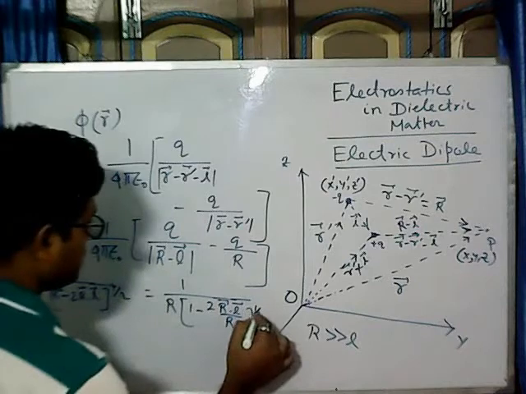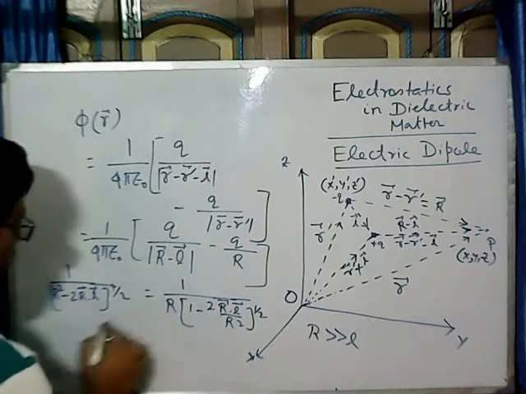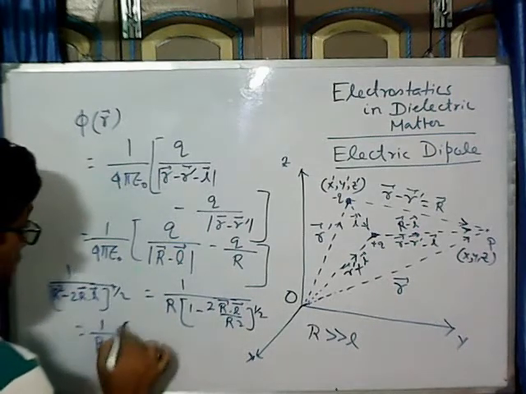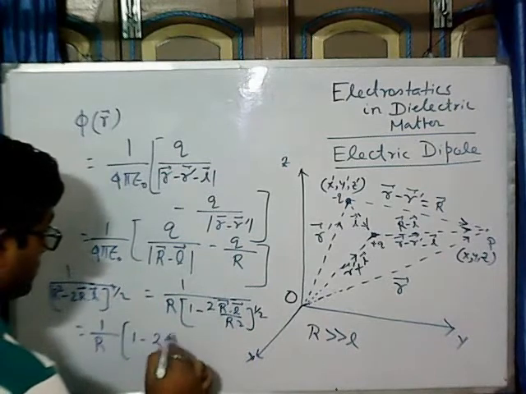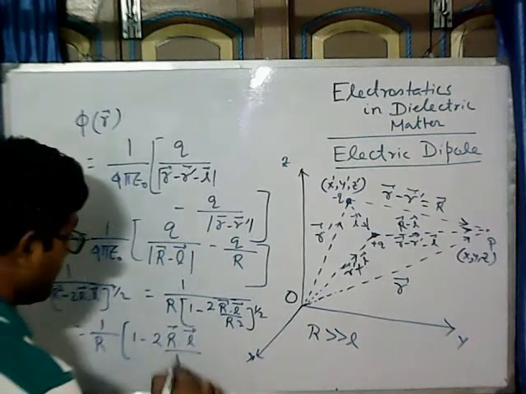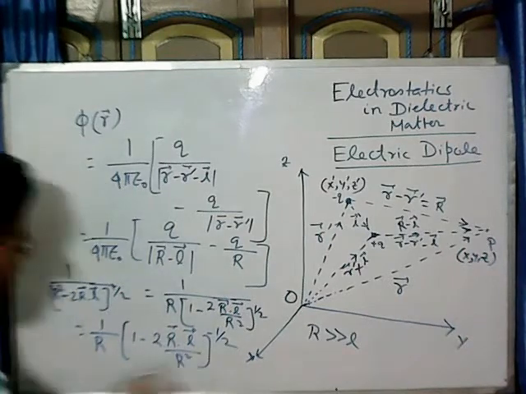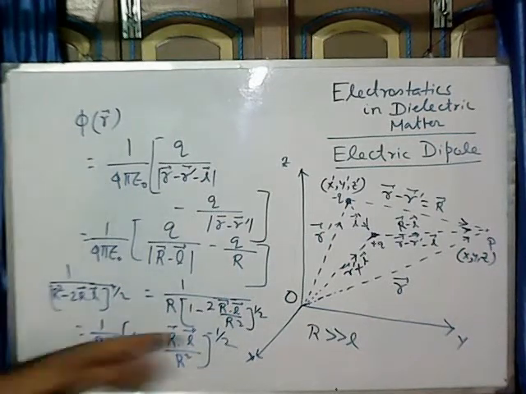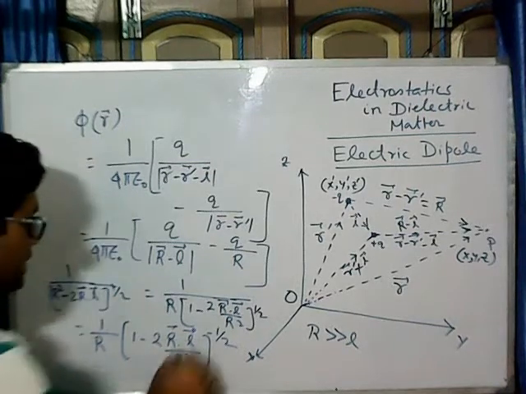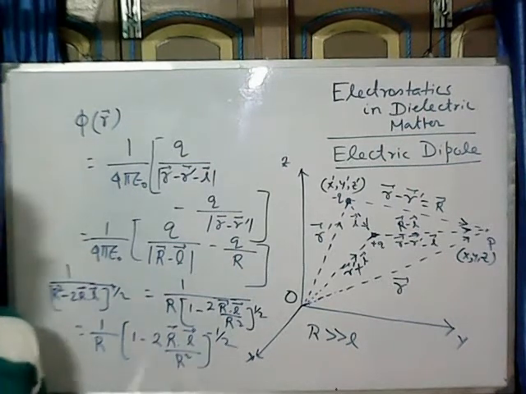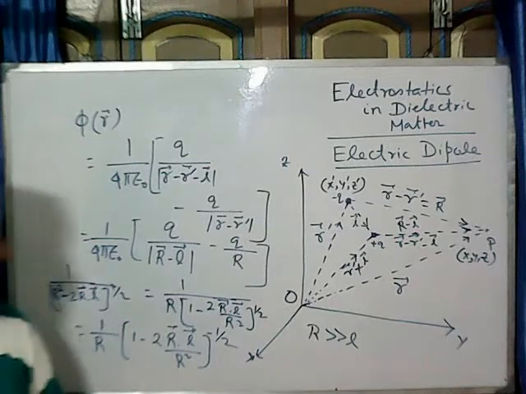So this is to the power half. Now when we take it on the upward side, then it becomes minus half. As this L is very small, we can do the series expansion here.